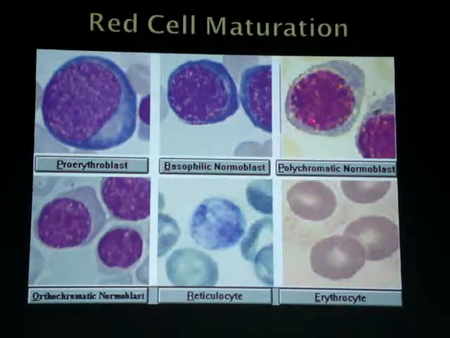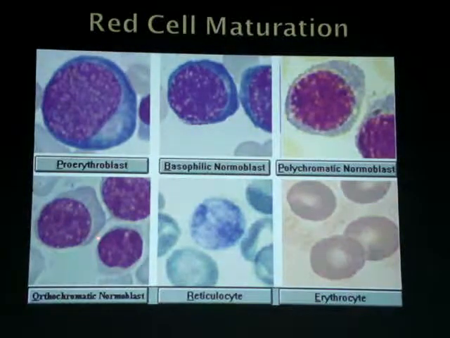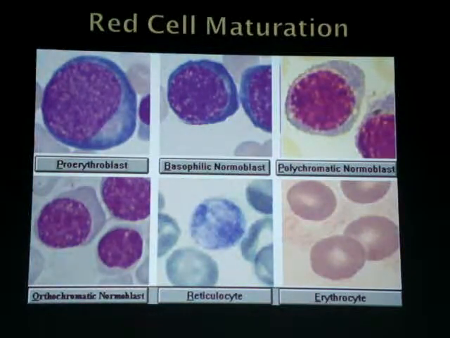And then the next cell in the lineage is the orthochromatophilic normoblast. It is orthochromatophilic because ortho is Greek for correct or right, and chroma is color. These are the near-mature red blood cells.